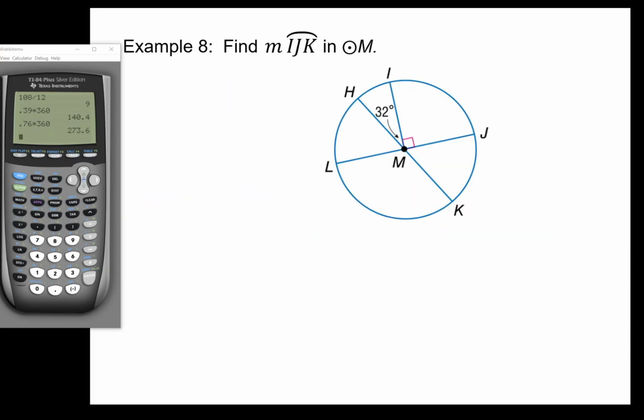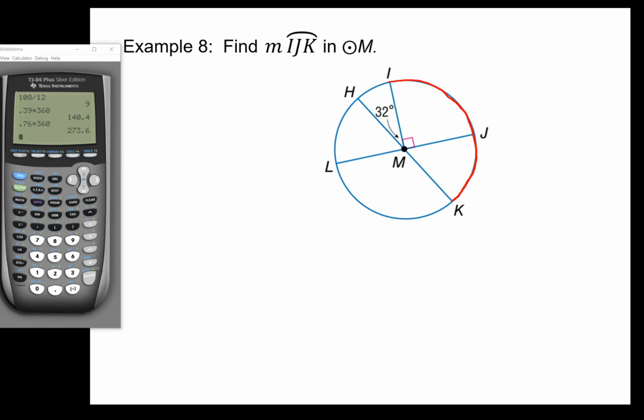All right, find the measure of arc IJK. IJK is here. Notice that here I have a 3-letter name for a minor arc. That is perfectly fine. If there's 3 letters, you just follow the roadmap, and my point is that 3-letter names do not necessarily have to be major arcs. They can also be minors.